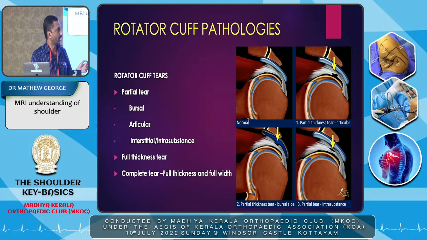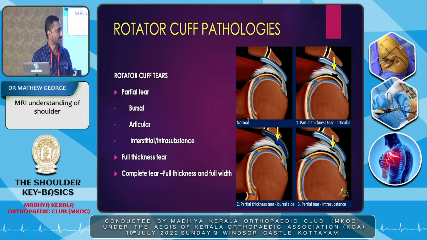So when you have a tear which does not involve the whole thickness of the tendon, you call it a partial tear. Here you can see a tear on the articular surface. It is very important for arthroscopists to probe the underneath of the tendon, as these may otherwise be missed, because most of the tears you will be seeing are bursal surface tears, which can be easily picked up.